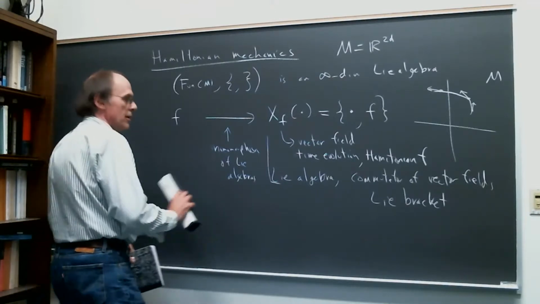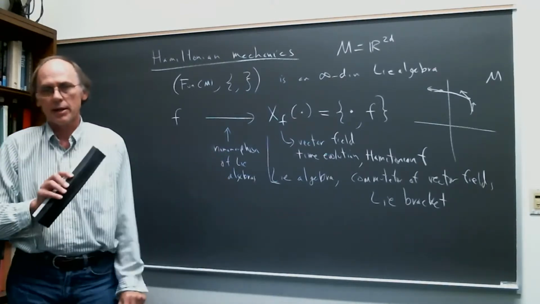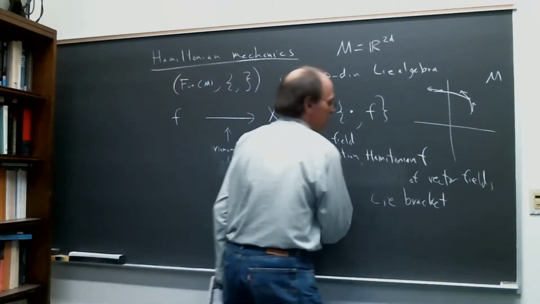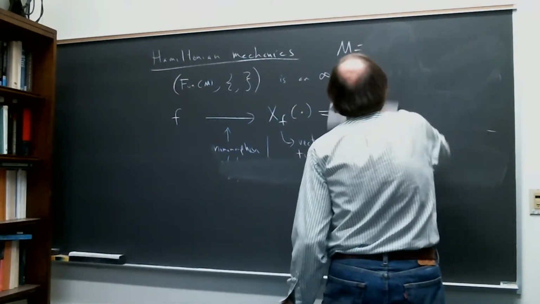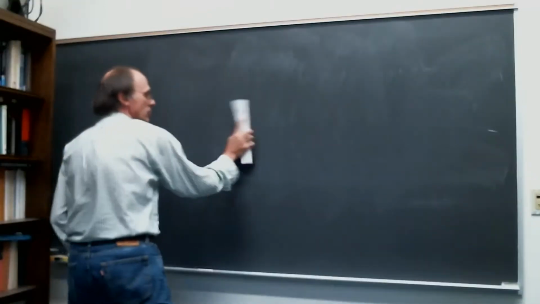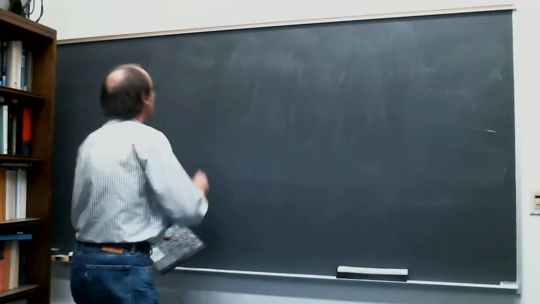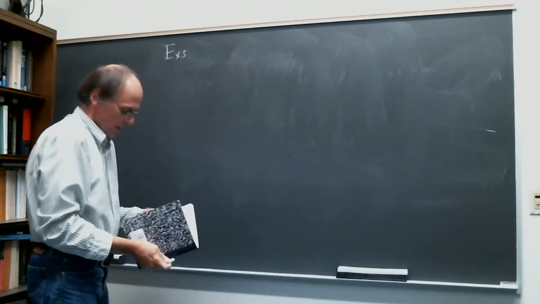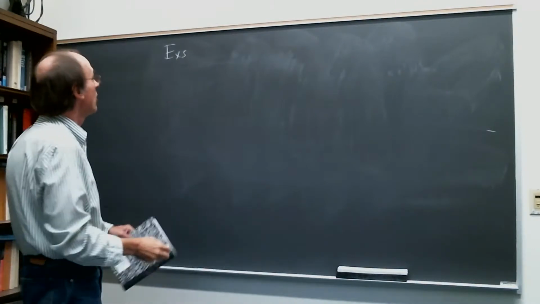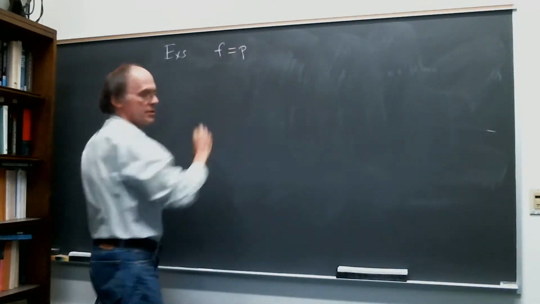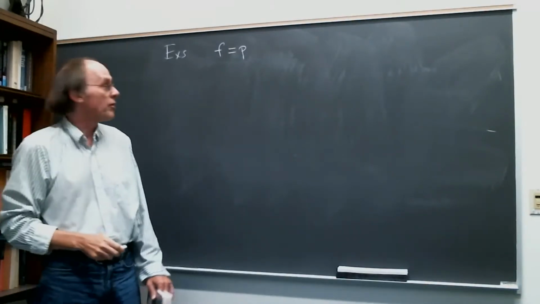When you're thinking about this, it's probably a good idea to keep in mind a couple of examples. So let me give you these examples. If you take your function just to be p, let's just do this for d equal to 1 for a minute.